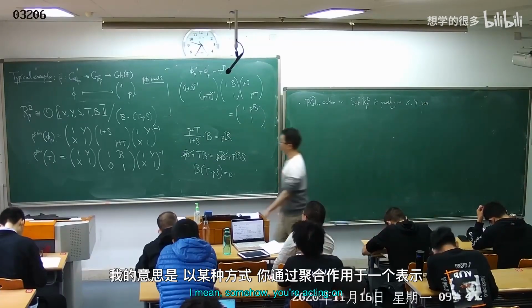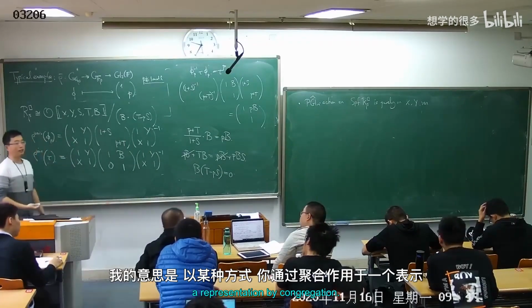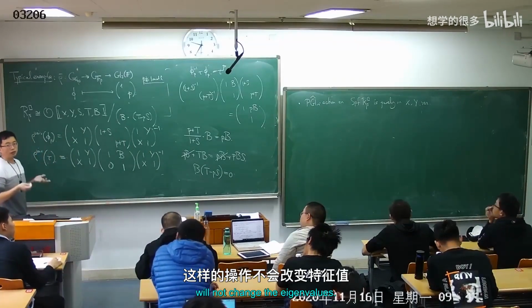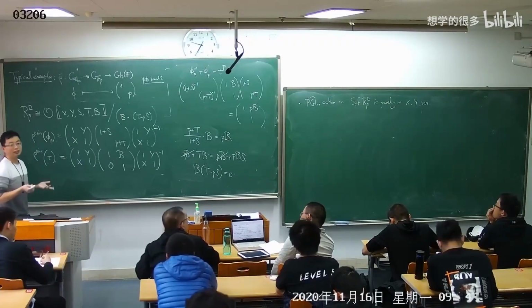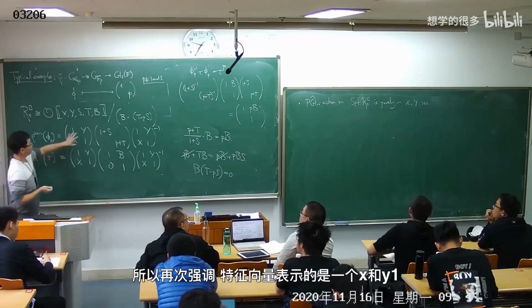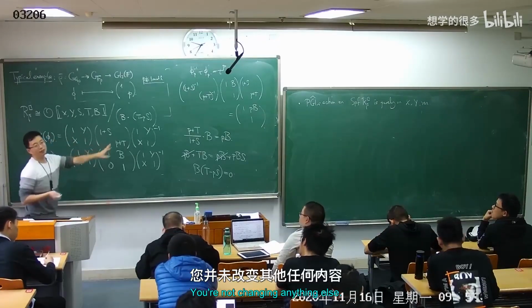Why is that? You're acting on a representation by conjugation. Such an action will not change eigenvalues. It will only change eigenvectors, and the eigenvectors are precisely (1, x) and (y, 1). So that's where you're changing things. You're not changing anything else.